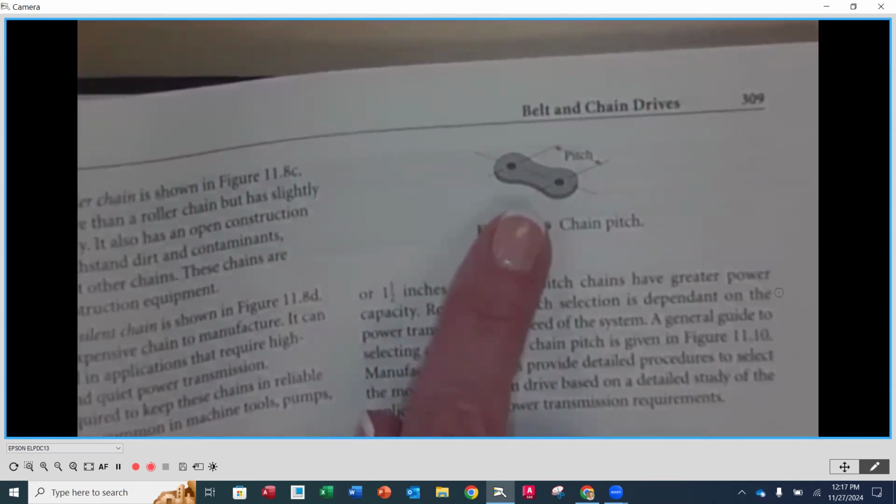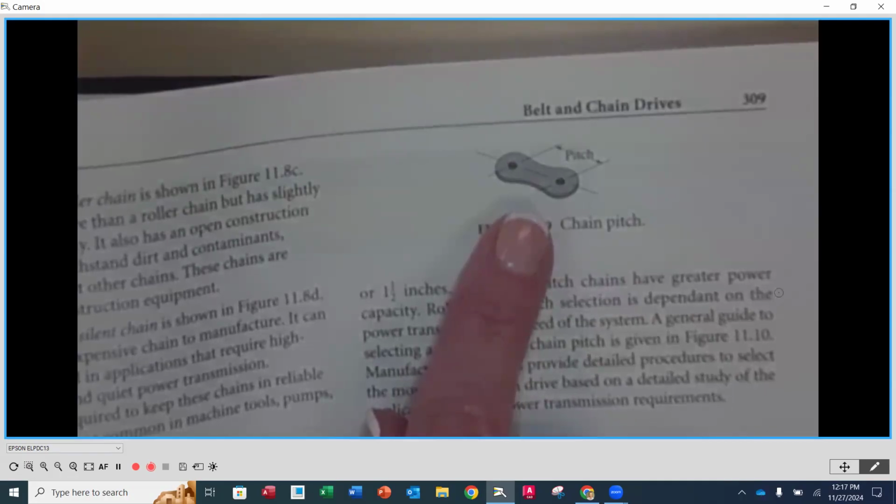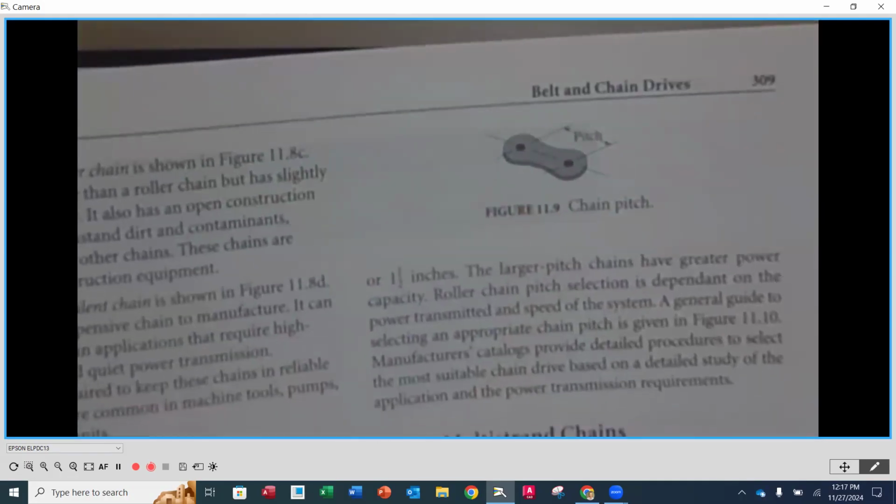Now, if I go down to a number 25 chain, do this calculation. Take 25 and divide it by 80. What is that size? Everybody should be getting a calculator of some form out and calculating 25 divided by 80. What do we get for a number? I'm going to pull the chat out.